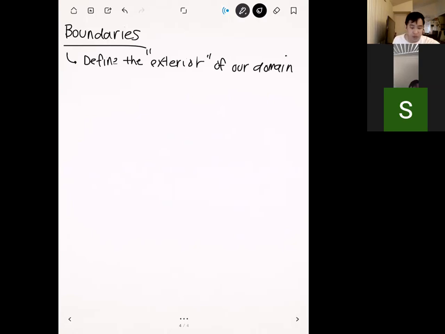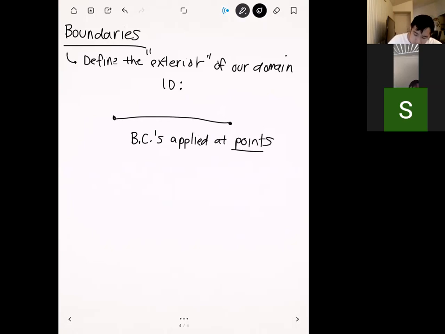And so in 1D, our boundary conditions were applied at points. Okay. And because our domain was a line, the exteriors of the line are just going to be the endpoints. And so when we applied our boundary conditions, they were just on the 2 points right there. Okay.